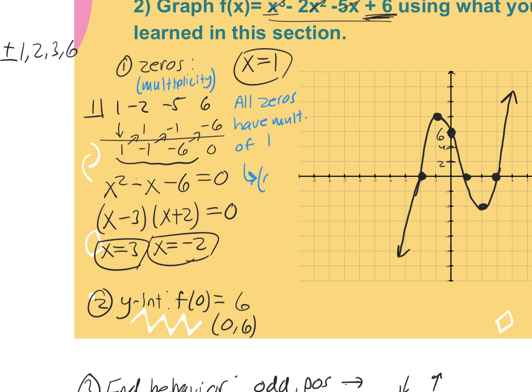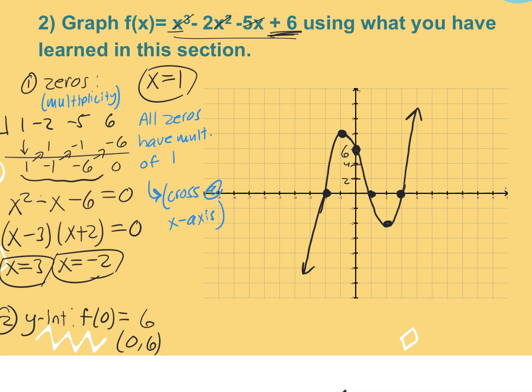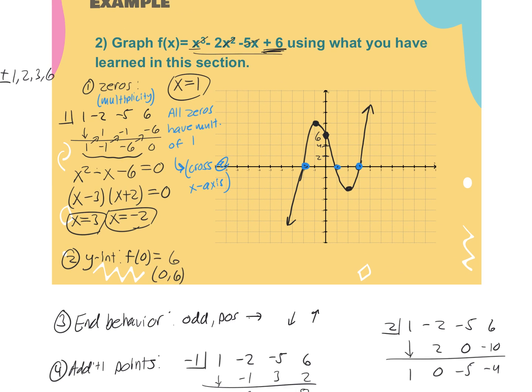This just means that we're going to cross at the x-axis. If any of our answers showed up twice, then you would have to touch and bounce at the x-axis. But you can see at these x-intercepts, we're crossing, and this is enough information for our graph.